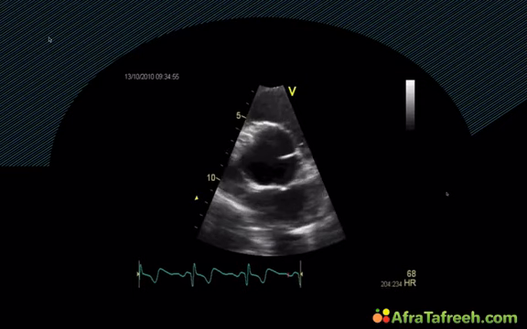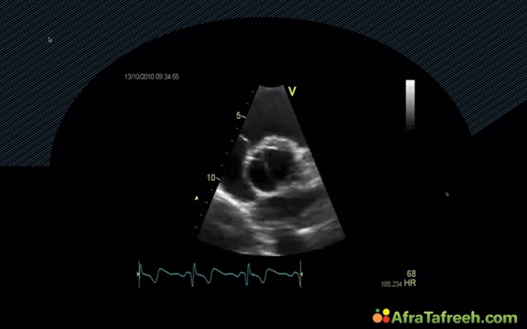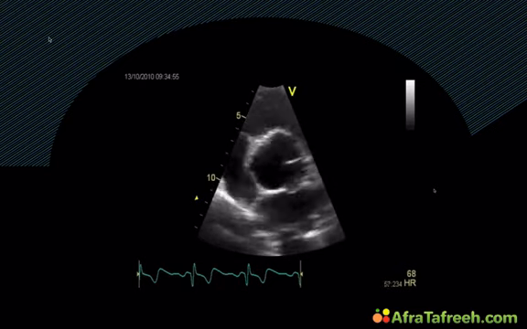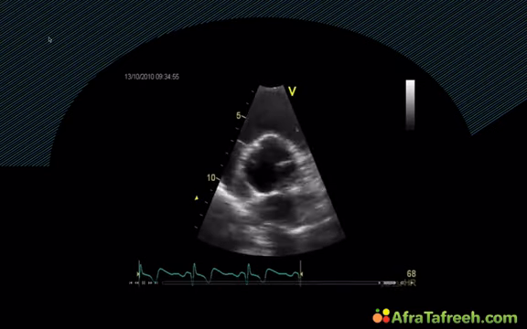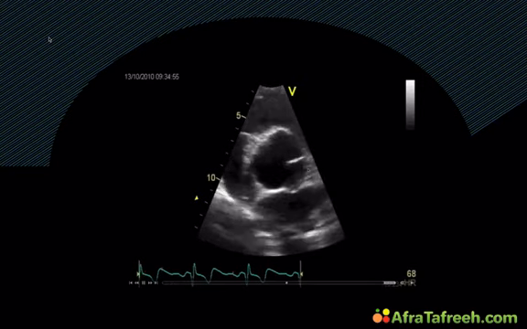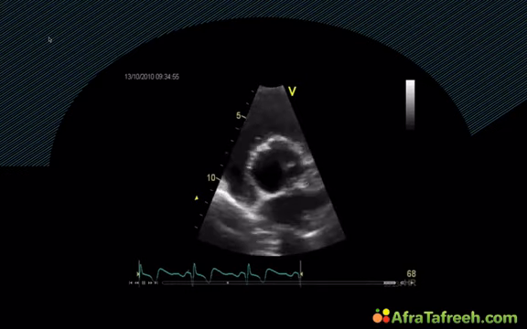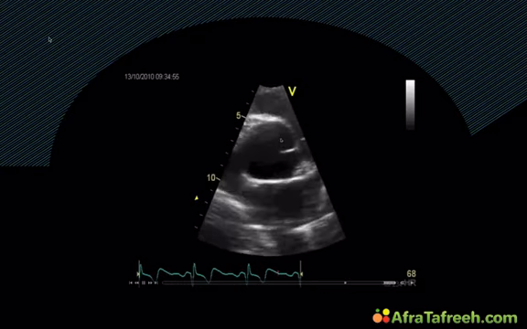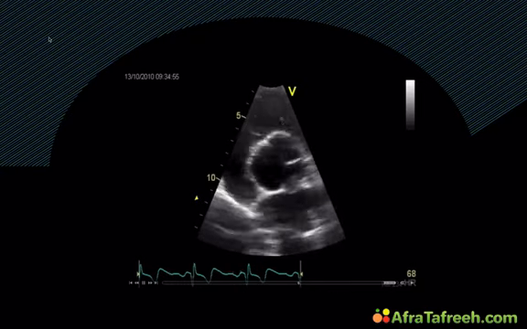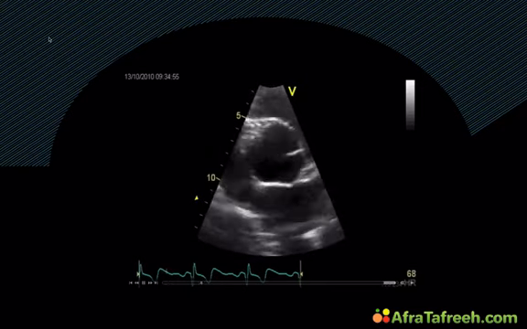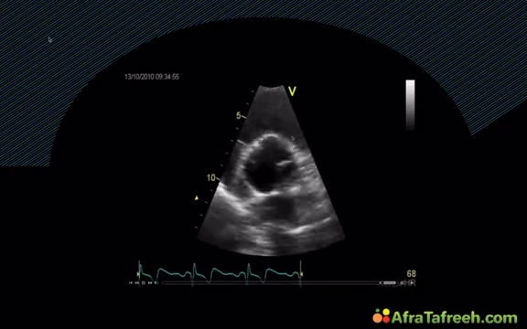Just for review purposes, how do we distinguish the 3? Well, there's a little trick that you can do, and the nice thing about it is that we can use this scheme in all modalities. In other words, you can use it if you perform TEE and if you perform transthoracic echocardiography. The cusp that is located in proximity to the right ventricular outflow tract is always the right coronary cusp.